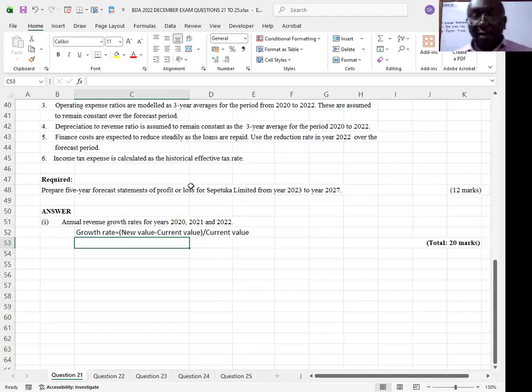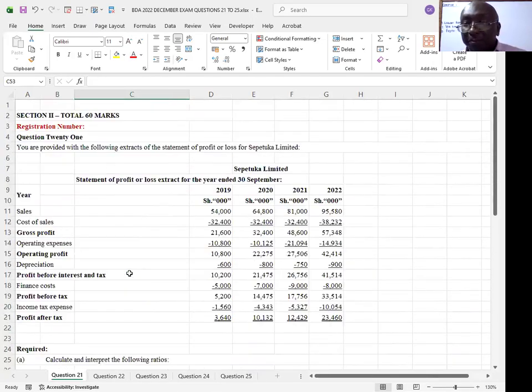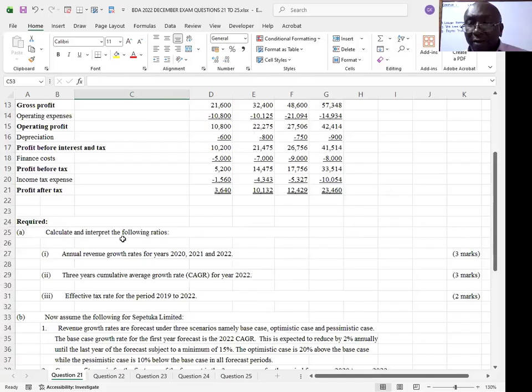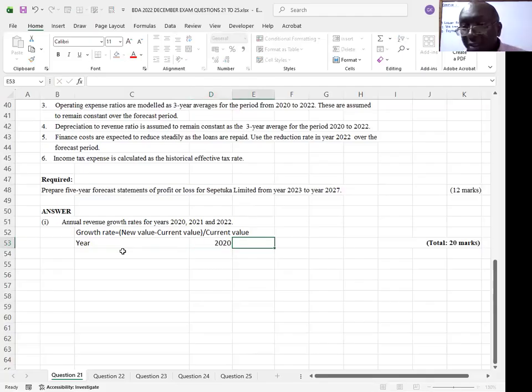And so they're asking us for, so we can have the year here. They want for 2020. They want 2022.